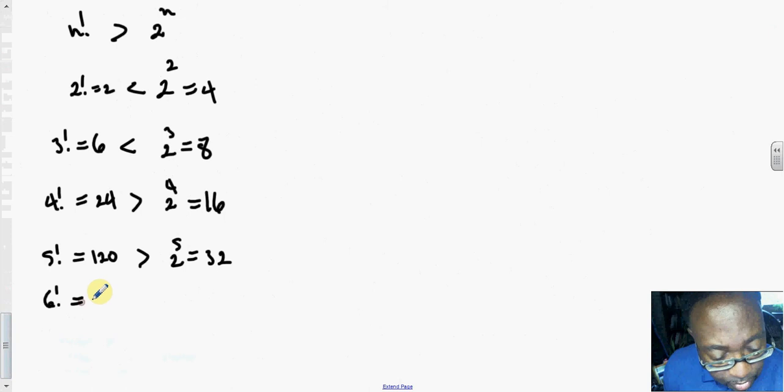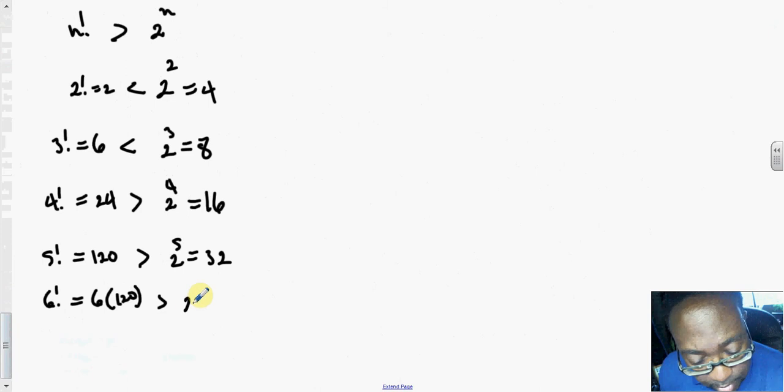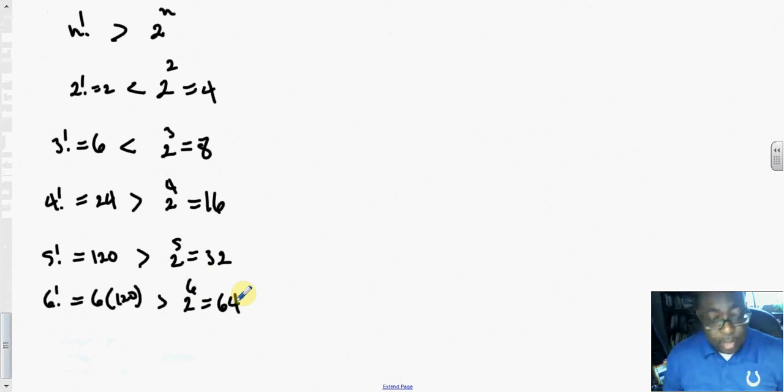6 factorial is going to be 6 times 120. That's greater than 2 to the 6th, which is 64. So it looks like we get greater than when the value of n is greater than 3.